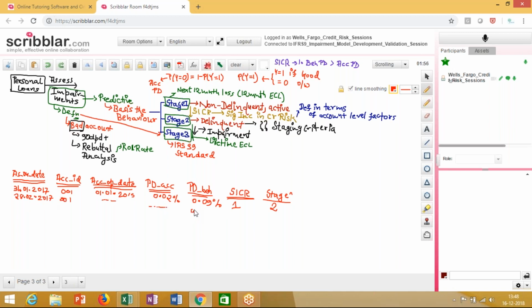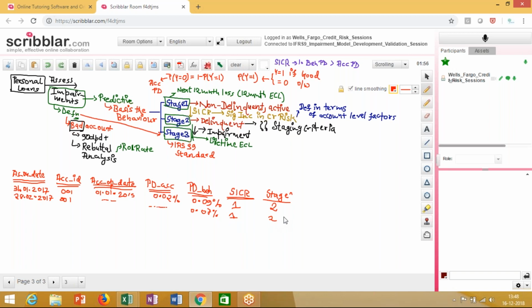Let's say the behavior PD now is 0.07. So what is the SICR flag? It's 1. The account still remains in stage 2.